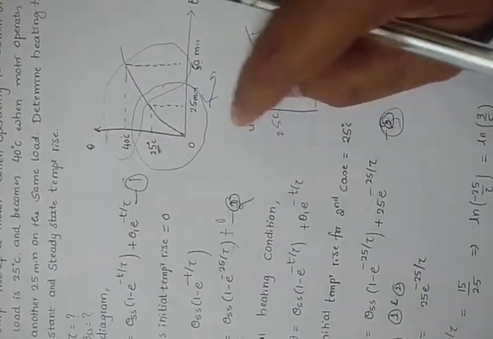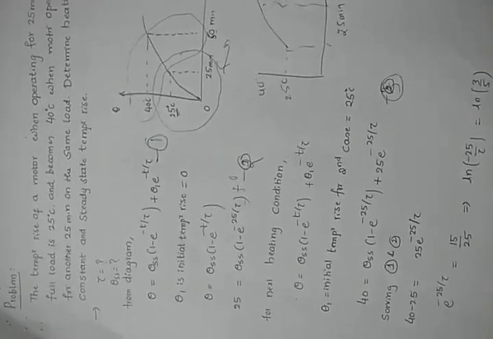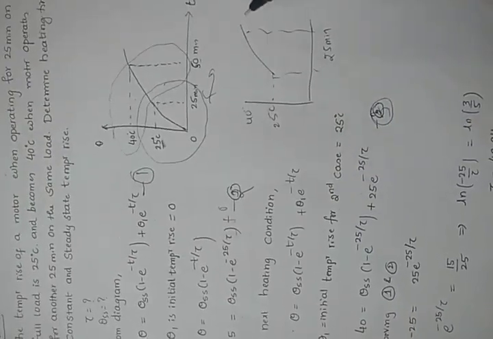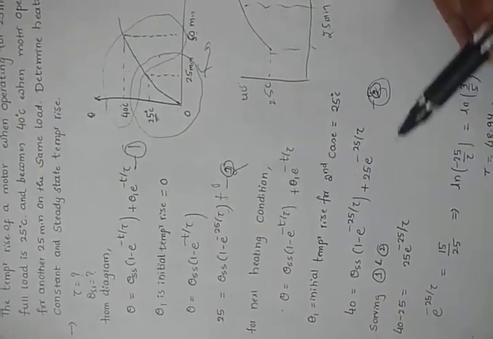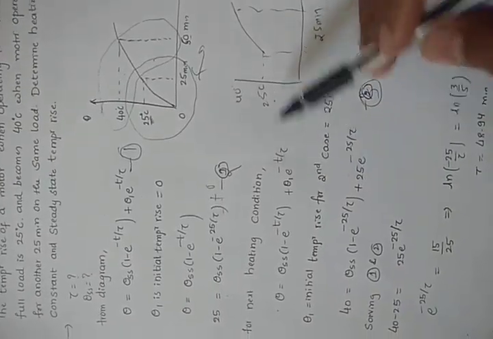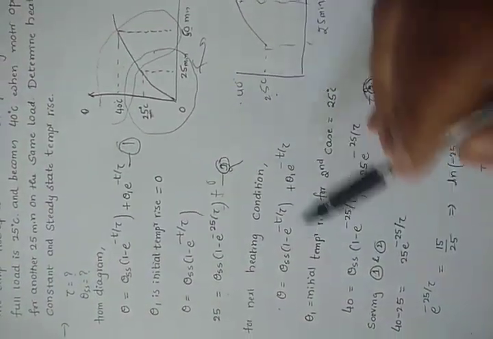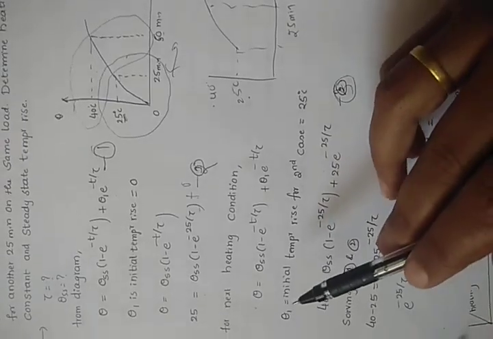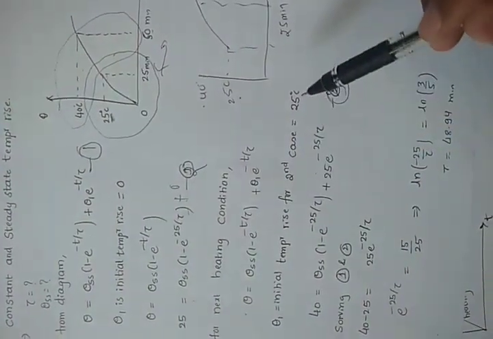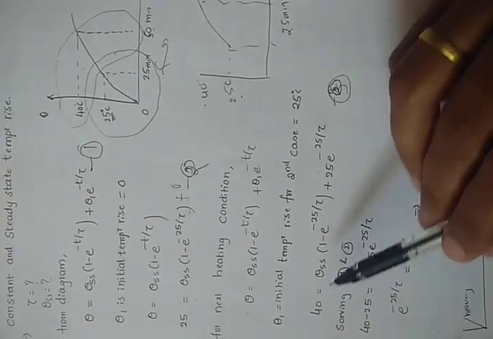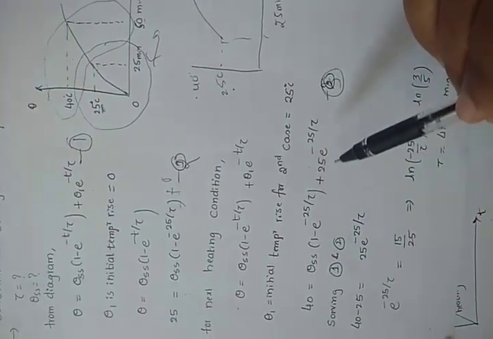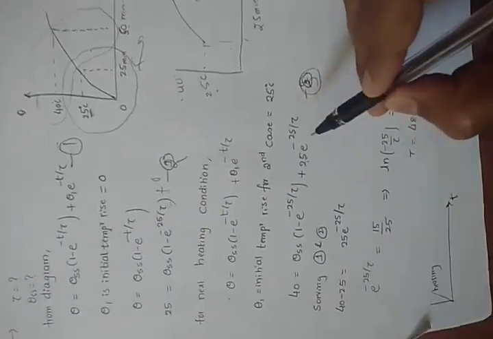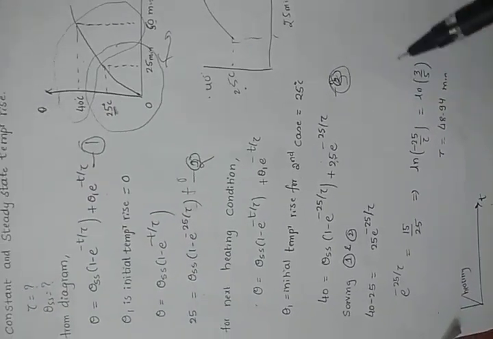So for the second case, the initial temperature rise theta 1 is 25 degrees Celsius, the final temperature rise is 40 degrees Celsius, and the time is again 25 minutes. Substituting, 40 equals theta s times (1 minus e power minus 25 by tau) plus 25 e power minus 25 by tau. We have got another equation.